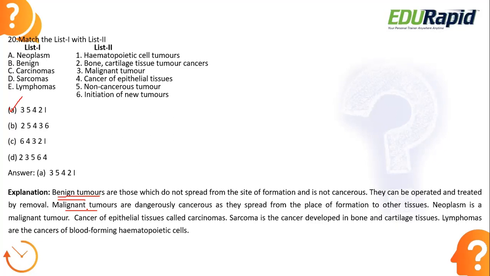But on the other hand, we have malignant tumors, which are dangerously cancerous cells, because as they grow, the cells start dividing and spreading to the normal healthy neighboring cells also. If it has developed at a specific site in our body, specifically on the skin surface, it can even damage the inner part of our body, all the organs that we have.